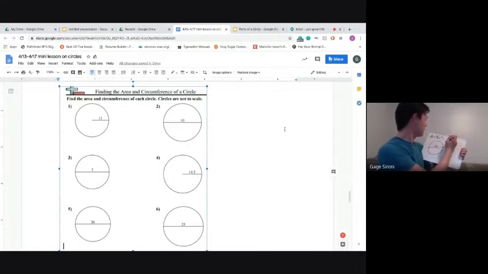So we're going to go area equals pi 5 squared, which you've already done. Let's see, so that's going to be pi times 25, and the grand total is 78.5 units squared. There you go.